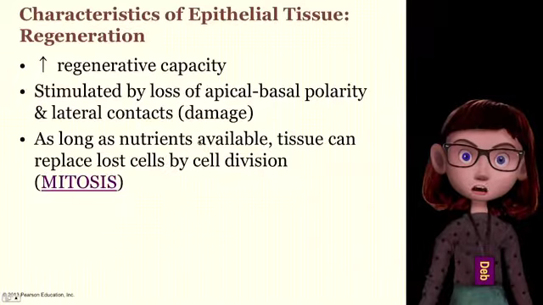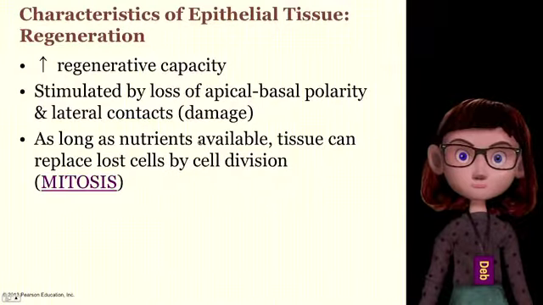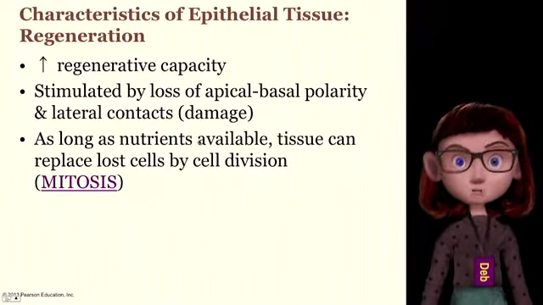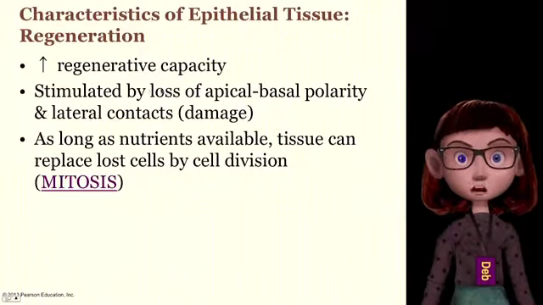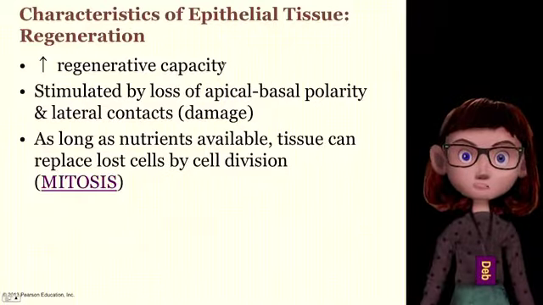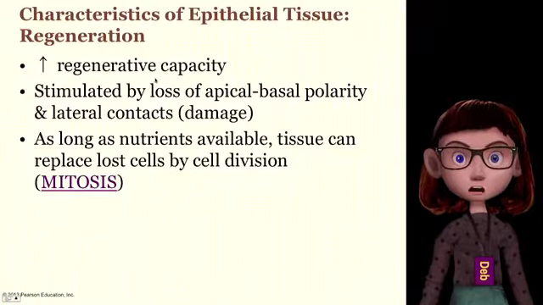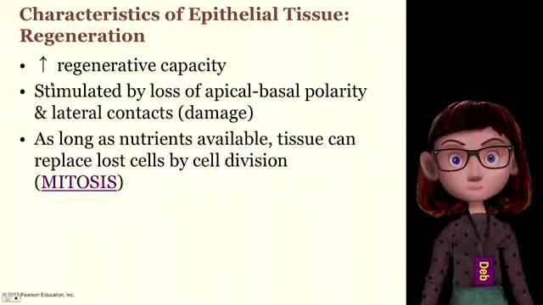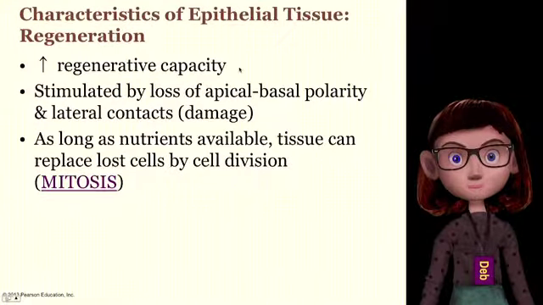Epithelial tissues, and this is important when it comes to something like cancer chemotherapy drugs, which will target very rapidly multiplying cancer cells, often have the side effect that epithelial cells can be damaged as well, because epithelial tissue typically has a very quick regenerative capacity, meaning that mitosis is pretty rapid.